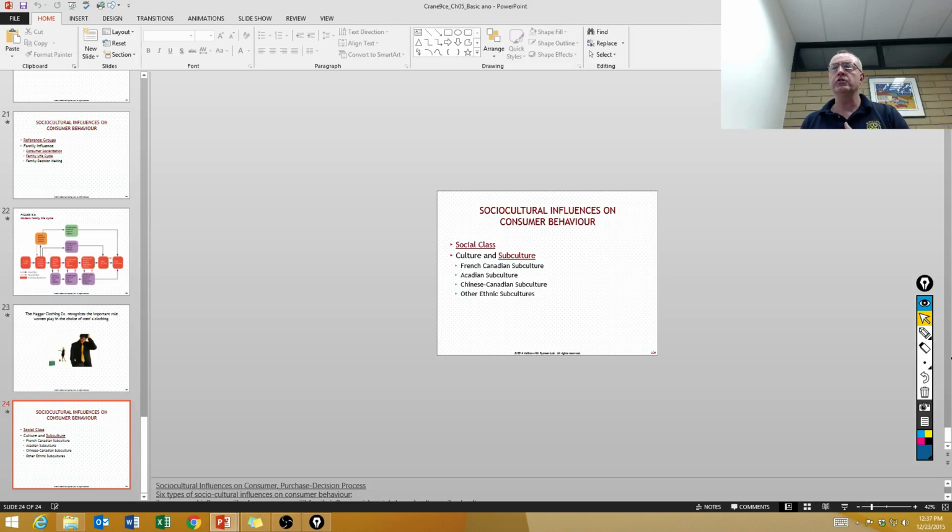Okay, so social class, the book describes it as semi-permanent societal standing, based on occupation, income, or education. And traditionally, we classify society into low class, middle class, and upper class.